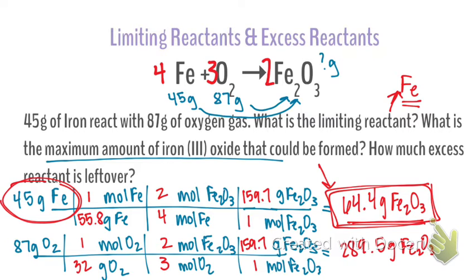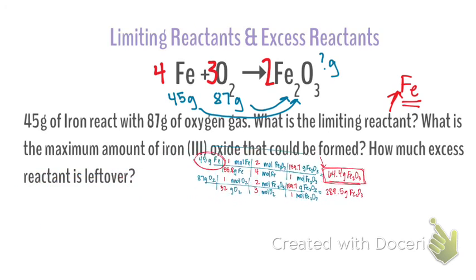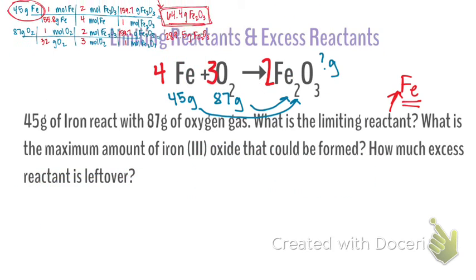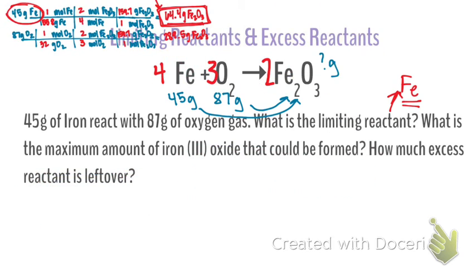Perfect. So when it asks how much excess reactant, we have to add one more T-chart to our situation. I'm going to give myself some room here to do that, and put this up here so we can still look at it. What happens with this last one is that we need to do a chart starting with our limiting reactant, 45 grams of iron.